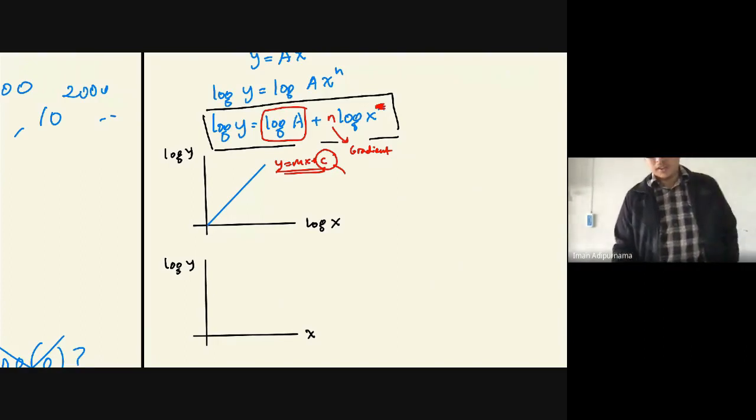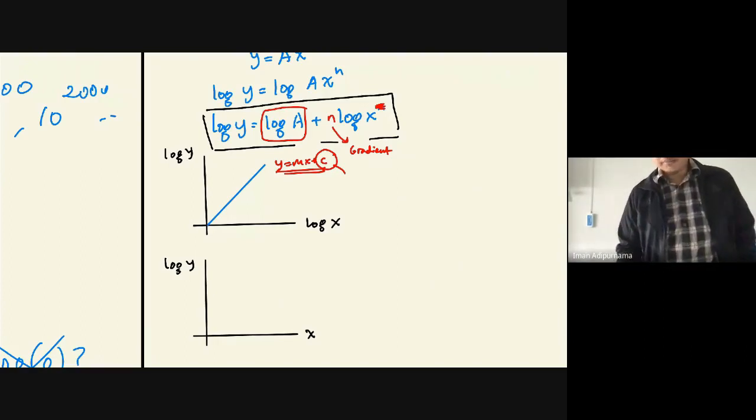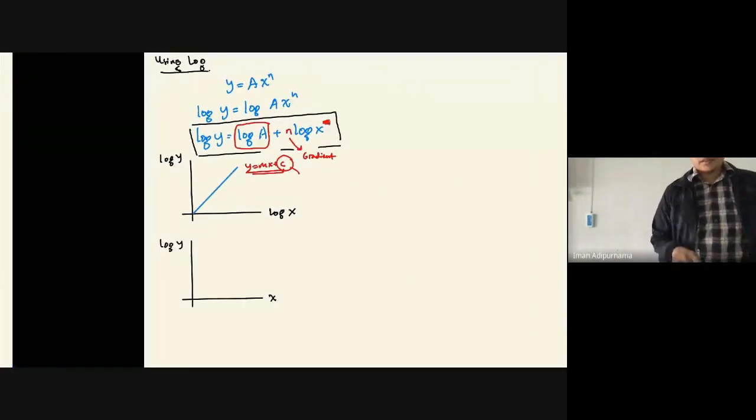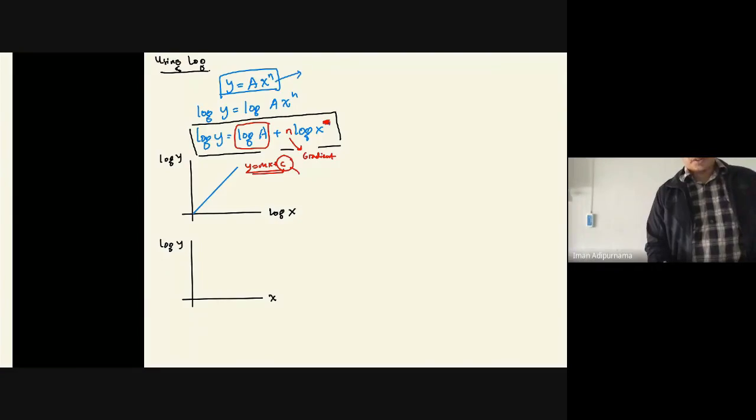But what is important here is that with log you can solve particular problems if you have any models in power. So this is just mathematical models.